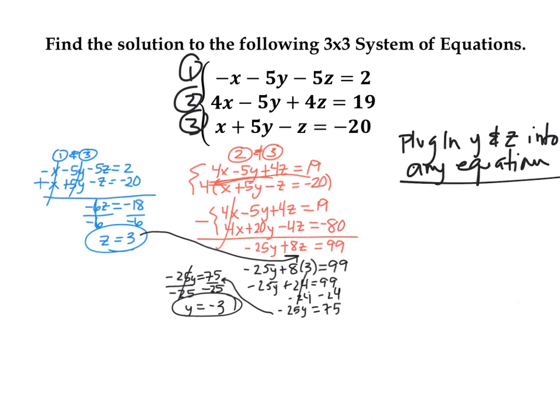I'm going to use equation 3 in this case. So I have x plus 5y, which is -3, minus z, which is +3, equals -20.